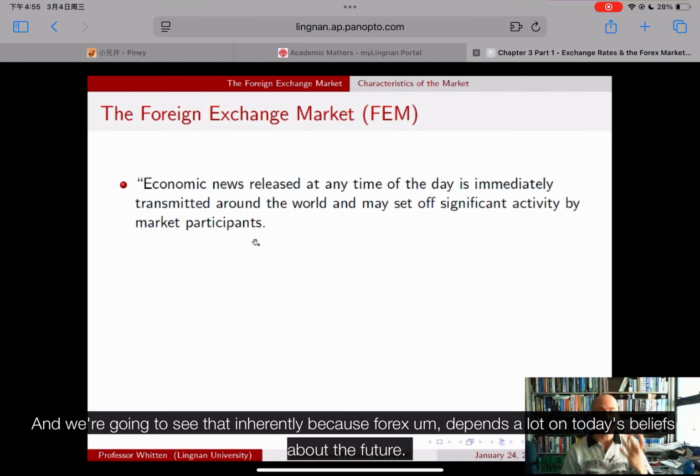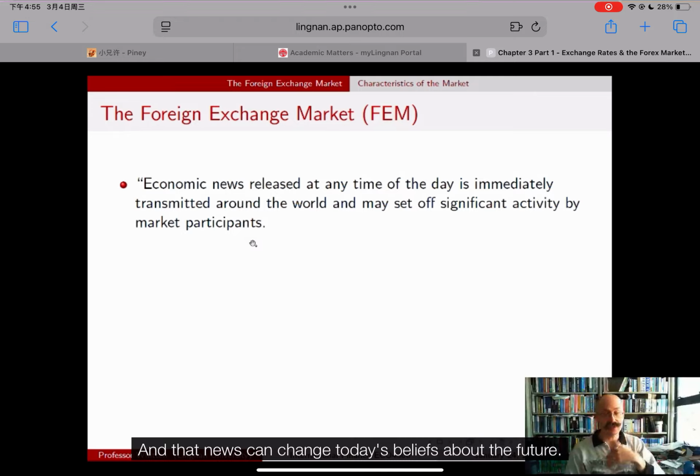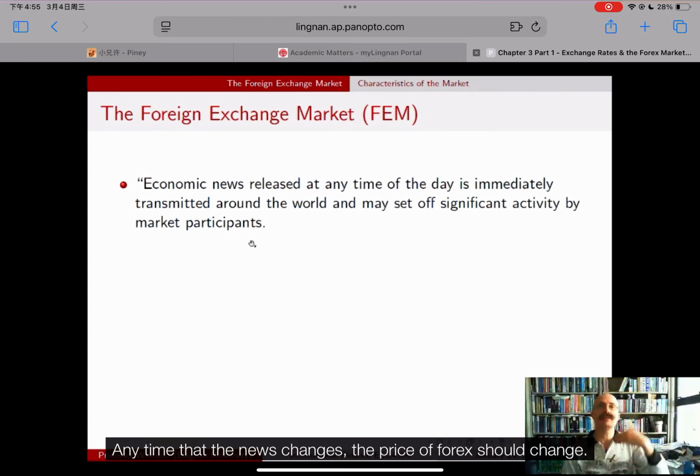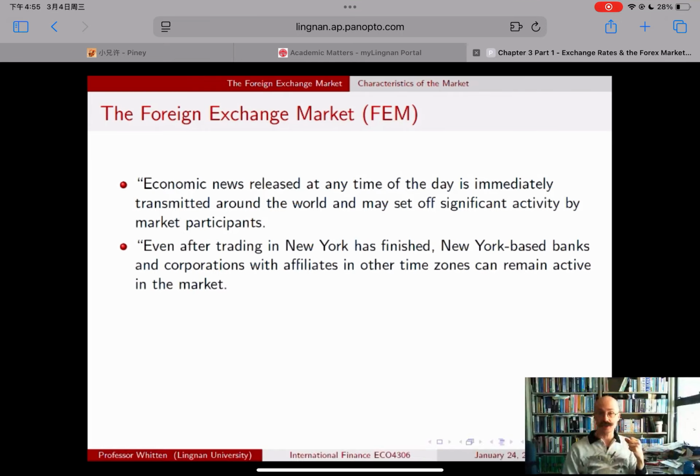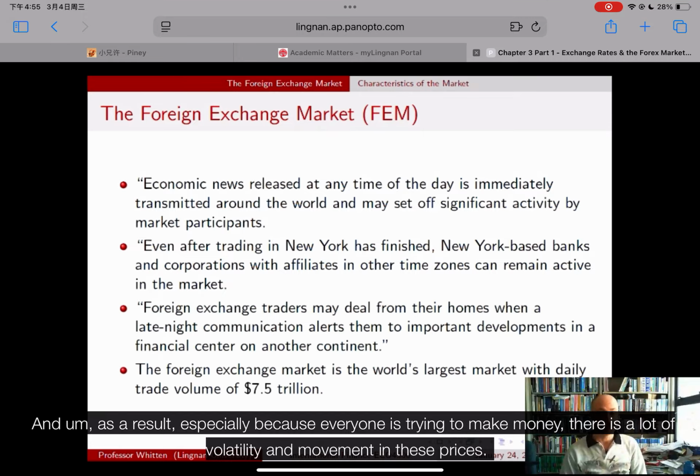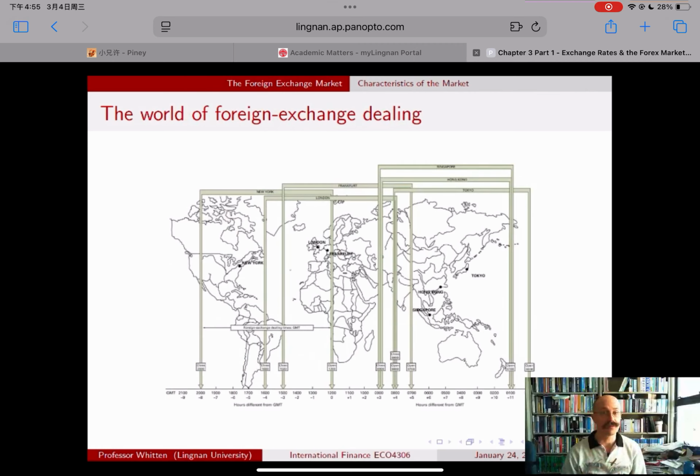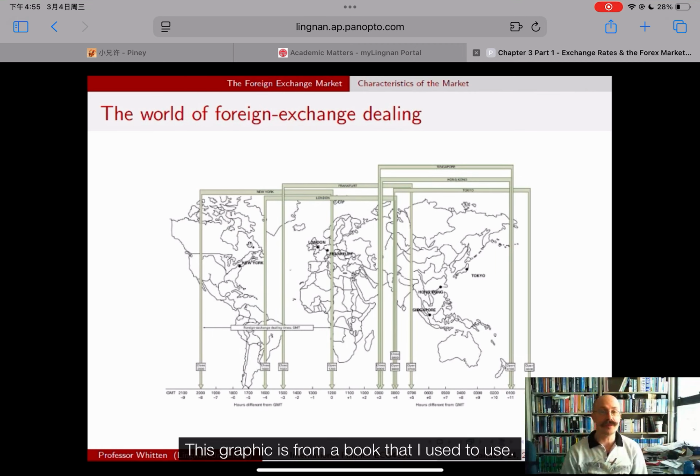And we're going to see that inherently, because Forex depends a lot on today's beliefs about the future, and news can change today's beliefs about the future, any time that the news changes, the price of Forex should change. And as a result, especially because everyone is trying to make money, there is a lot of volatility and movement in these prices.